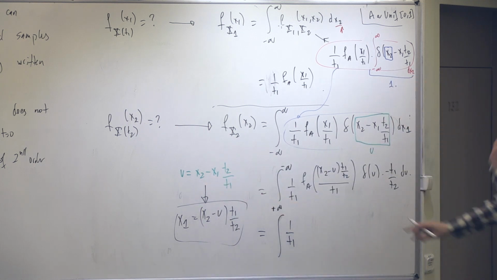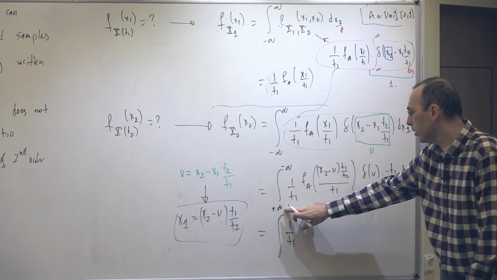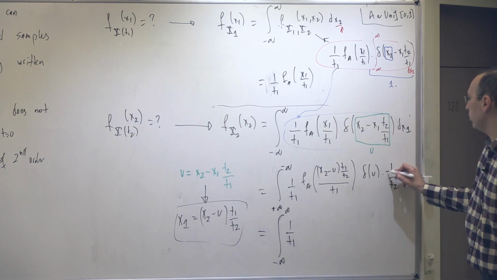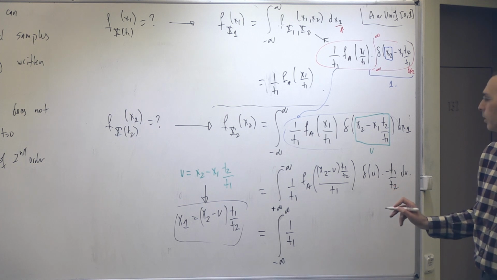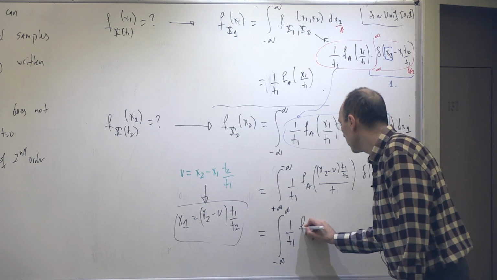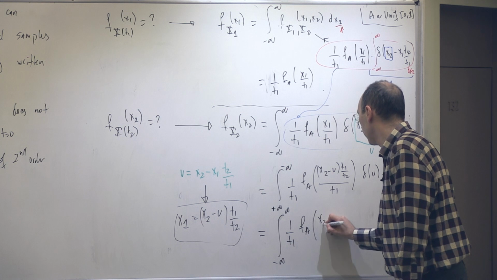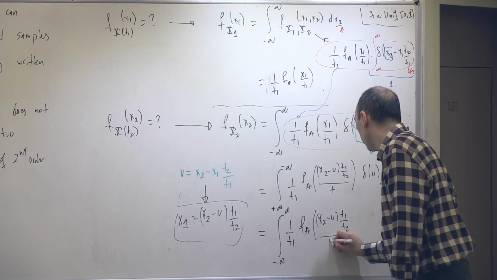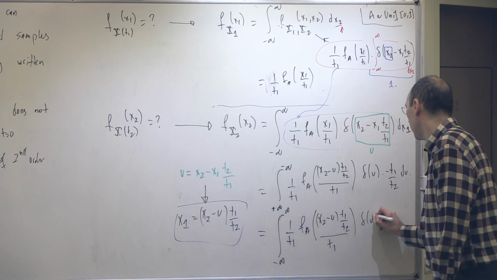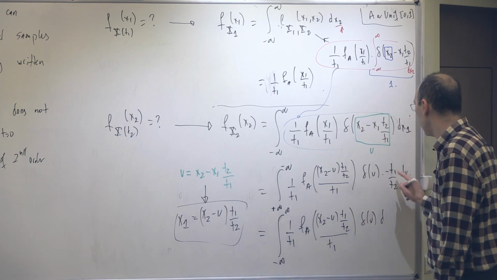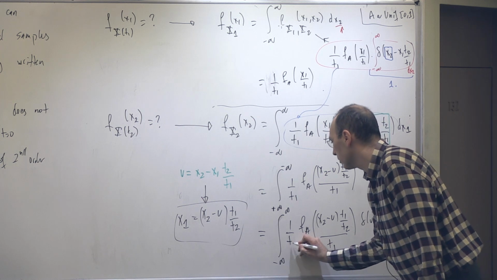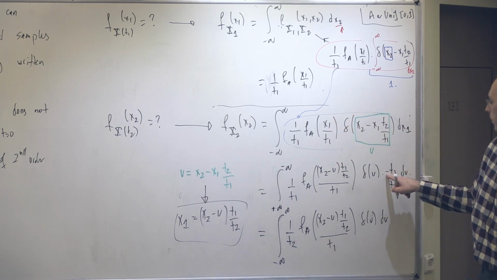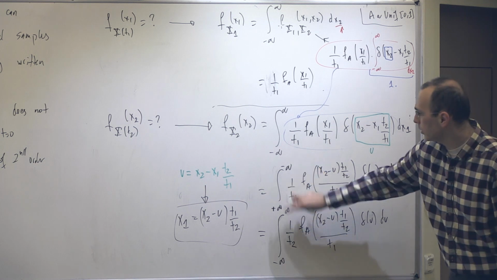But I don't like to see plus infinity over here, so I prefer minus infinity and plus infinity, and I don't want to have this minus over there. Do you agree? So this is f of a, x2 minus u, t1 over t2, t1, delta u, du. Let me do a cancellation, just for space saving. So I have just cancelled this minus by interchanging these limits.